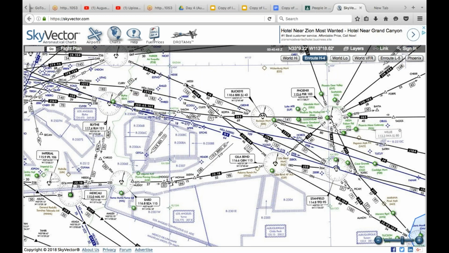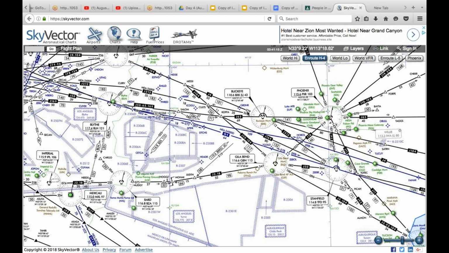Yeah, and most VORs are equipped with what we call a DME, or distance measuring equipment. That's what the pilot can actually see, the distance from the tuned in VOR. So if they're tuned into this Buckeye VOR, it's going to be sending a signal that has the mileage from that station.